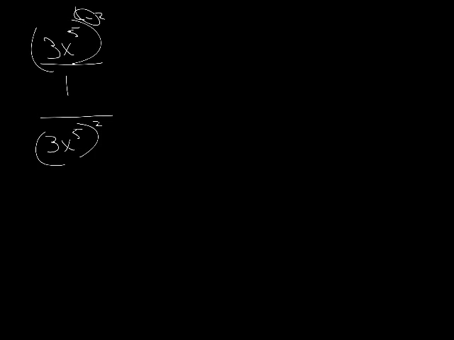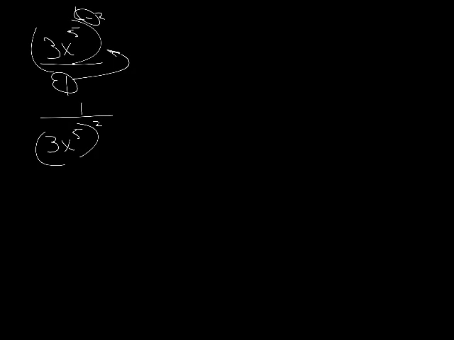Now let's look at example 8. They give us 3x to the 5th, and they're taking it to the -2 power. So first thing we're going to do is get rid of that doggone negative there. So let's move the 3x to the 5th down, and we'll put a 1 above. We did not take this 1 and move it over.